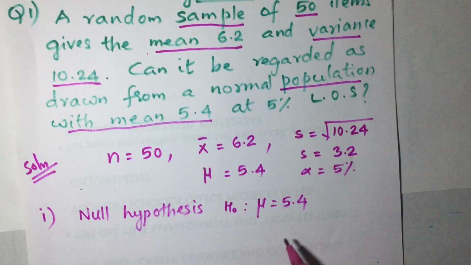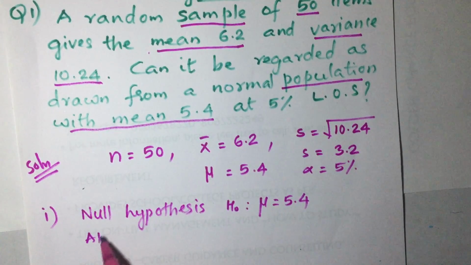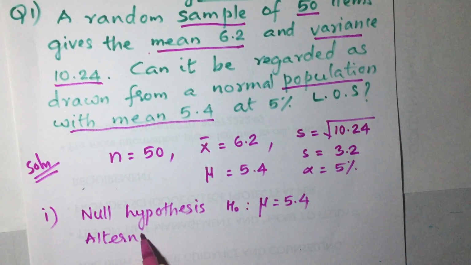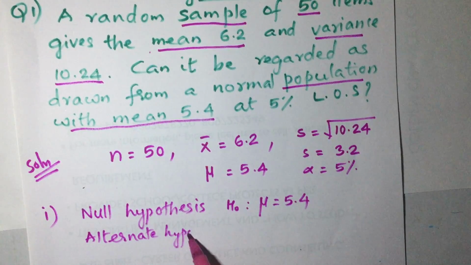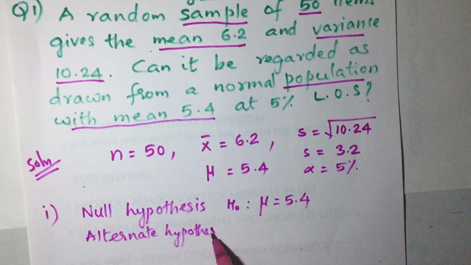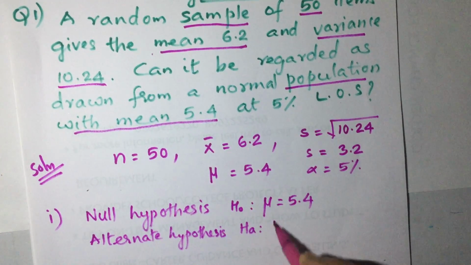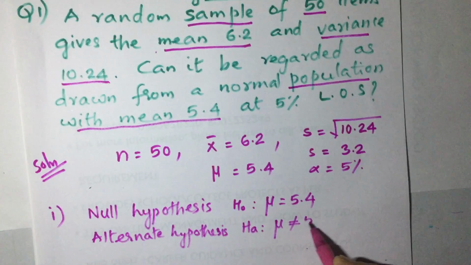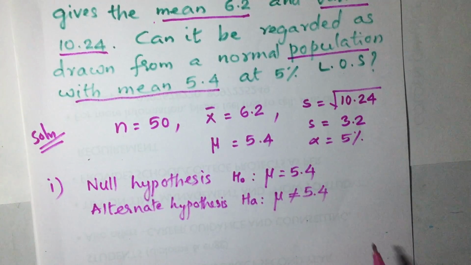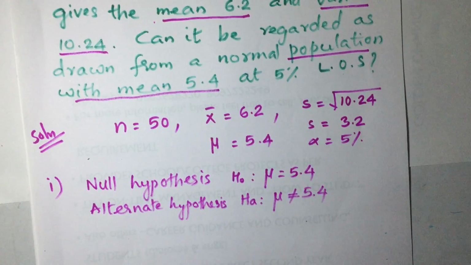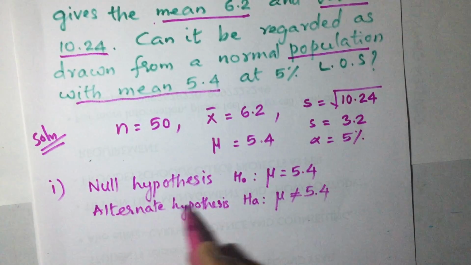Then the alternate hypothesis, HA, is mu not equal to 5.4. Now this can be a right tail, left tail or two tail test. I am taking the two tail test. So now that is defined.